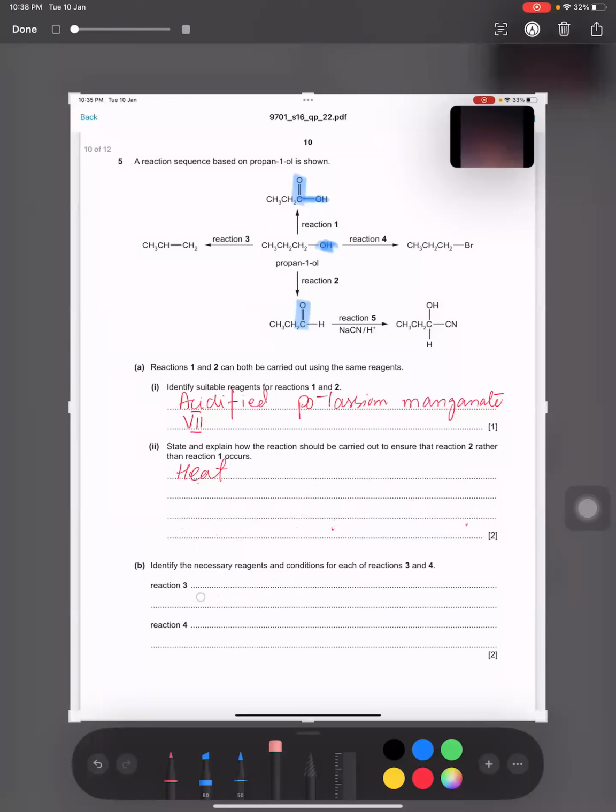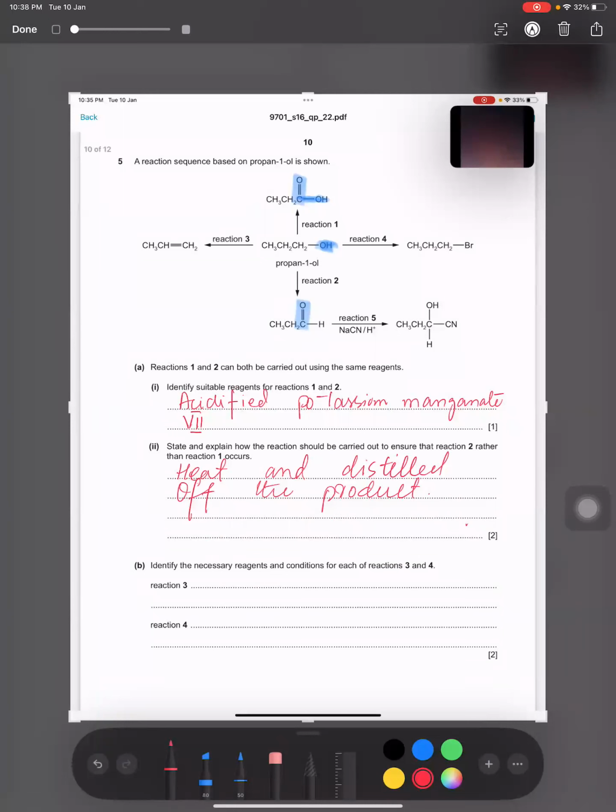सर एक सवाल. जी बेटे पूछें. सर, जो ए के अपार्टमेंट के अंदर हम लोग ये लिख सकते हैं एसिडिफाइड पोटेशियम डाइक्रोमेट एज ए रिएक्टेंट. हाँ बिल्कुल लिख सकते हैं आप, दोनों में से कोई सा भी लिख सकते हैं. And I just recommend you to write acidified potassium dichromate, which is more important, right?